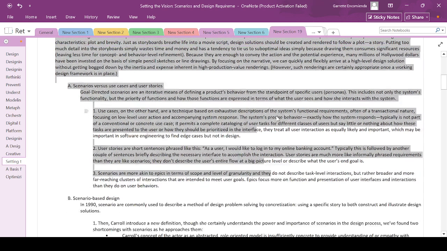So by focusing on the narrative, we can quickly and flexibly arrive at a high level design solution without getting bogged down by the inertia and expense inherent in high production value rendering, such as what menus are we going to use, what framework.